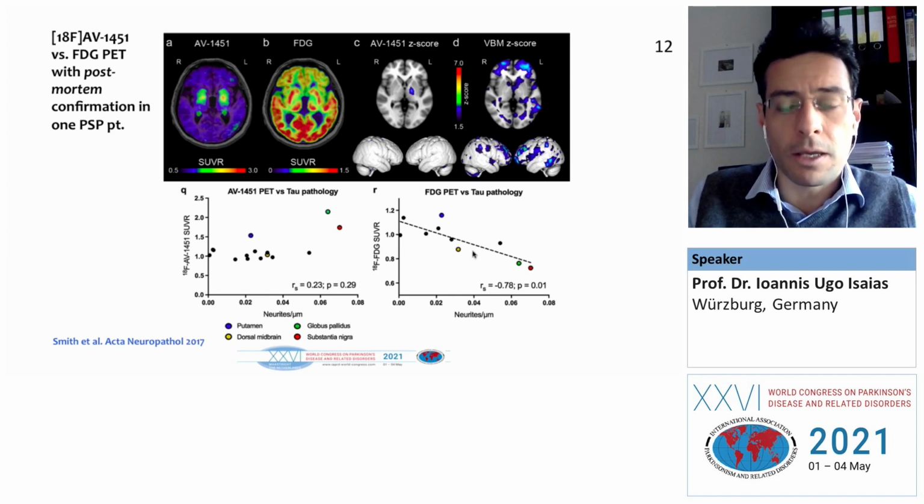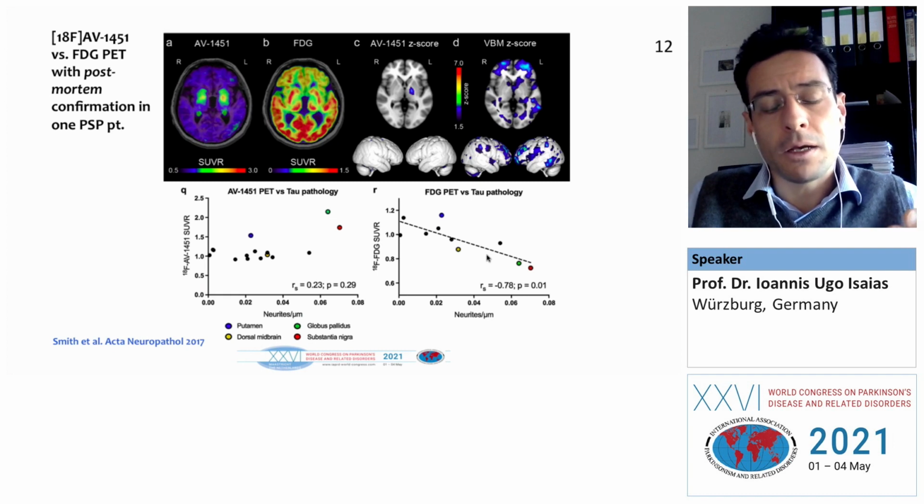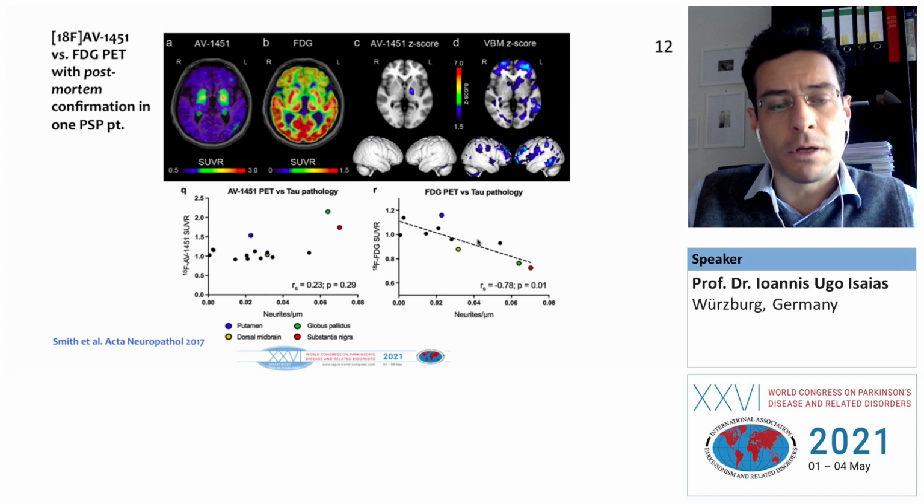On the contrary, deposits of tau pathology in different brain areas, substantia nigra, pallidus, dorsal midbrain, and putamen, correlated with glucose PET uptake. So possibly glucose PET was even more sensitive to capture the derangement of the activity of these areas due to tau pathology.